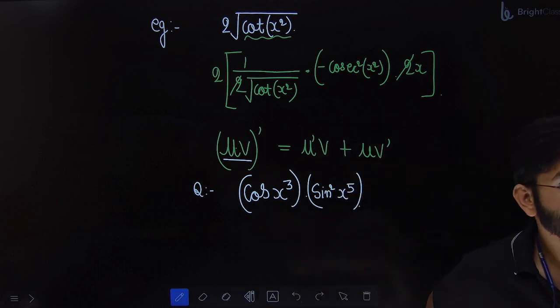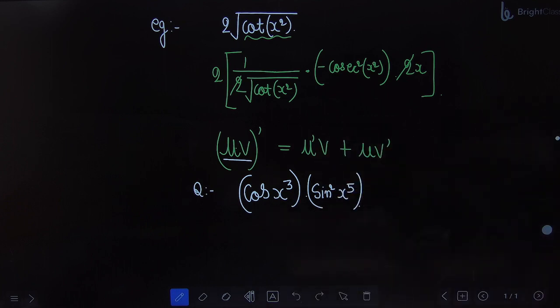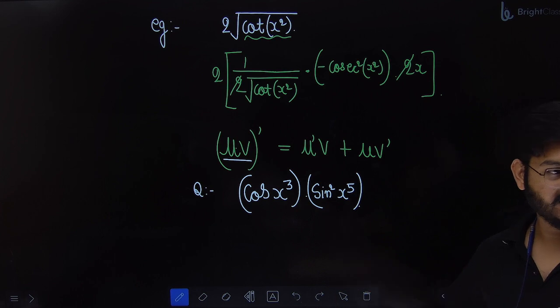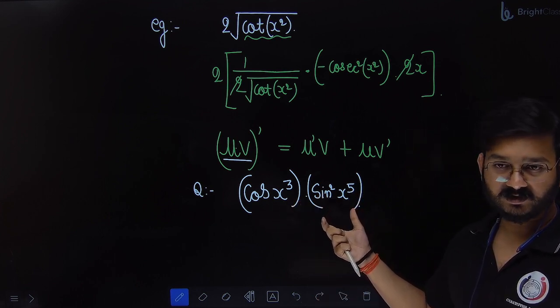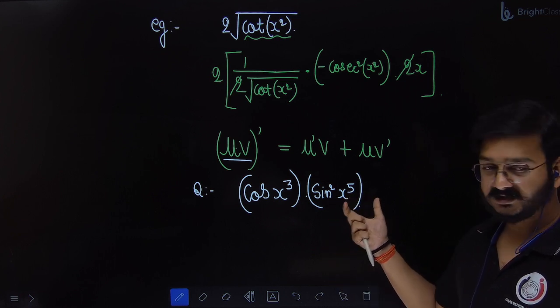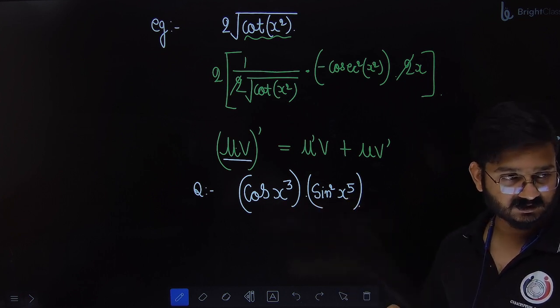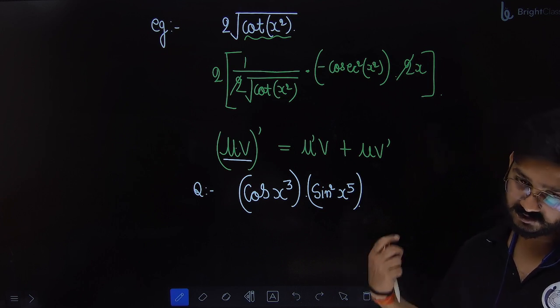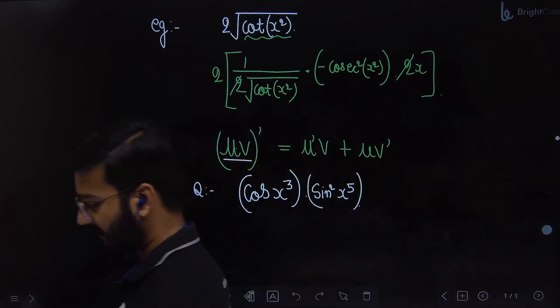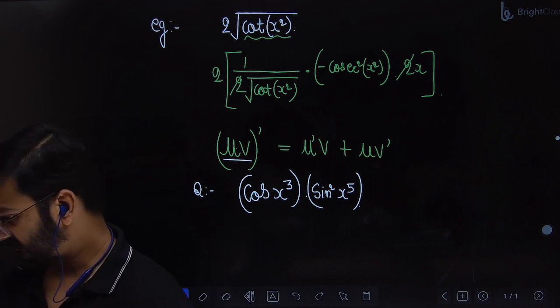Two functions are multiplied, right? This is u and this is v. So you have to differentiate this multiplied by the other, plus differentiate the other multiplied by this. But how will you differentiate this? Which rule? Chain. All of you try this.